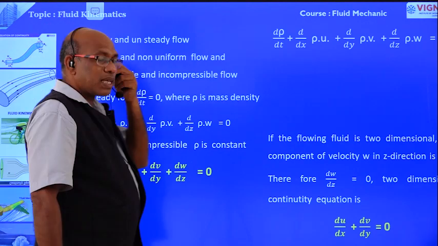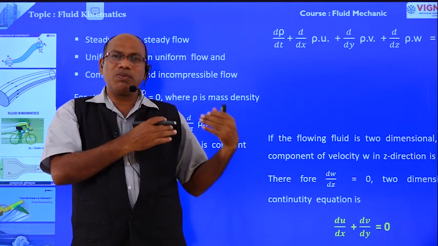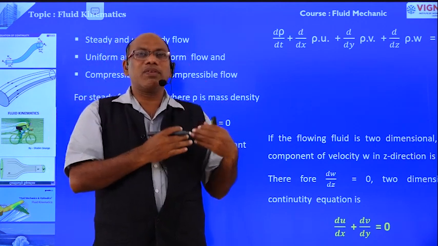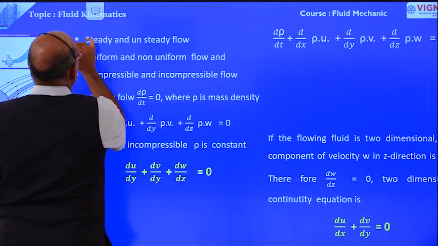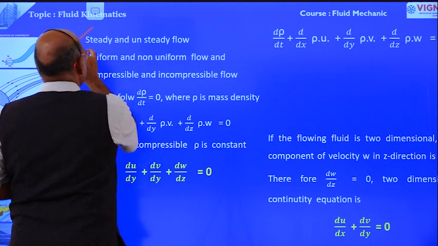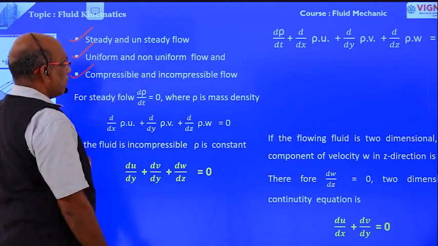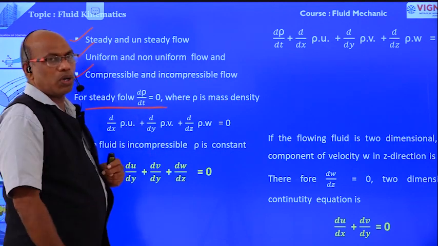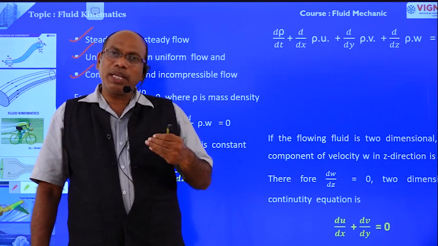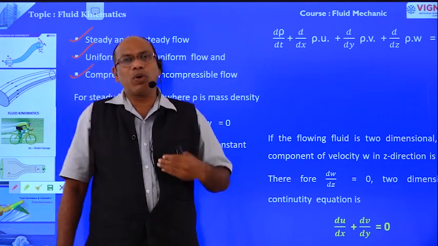Now, this continuity equation, which we have already derived, is applicable for steady and unsteady flow, uniform and non-uniform flow, and compressible and incompressible flow. But in case of steady flow, dou rho by dou t is equal to 0.